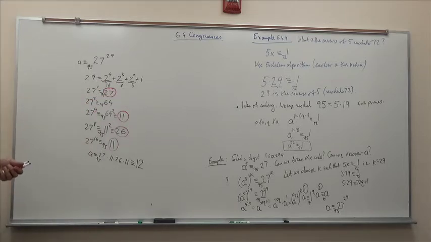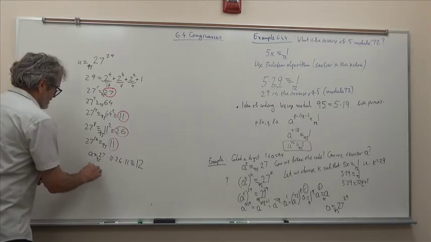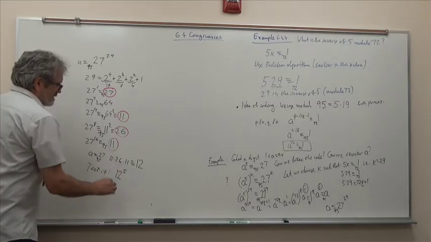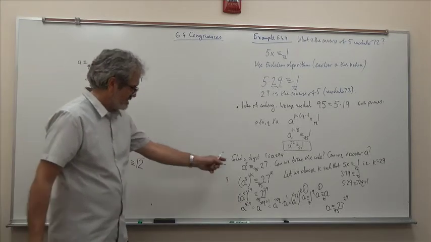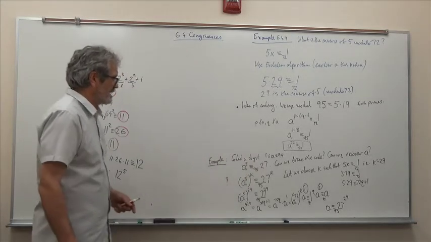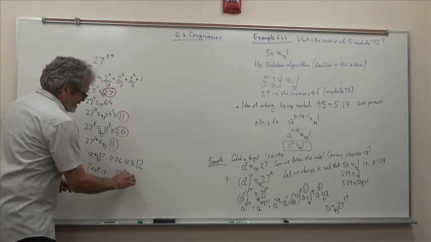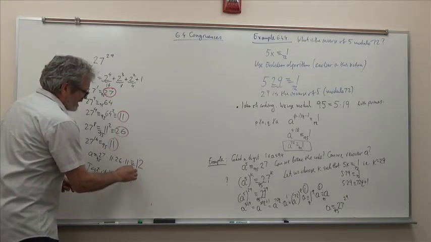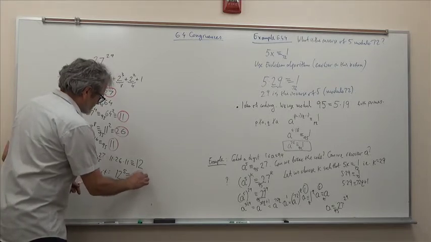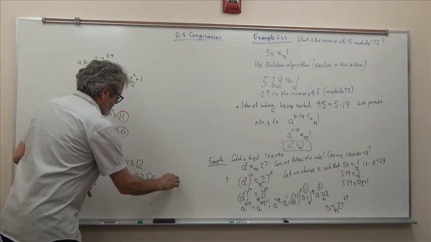Of course, you can test this result. If you take 12 and raise it to power 5, because that's what we decoded, someone was coded to power 5 and gave us 27. We said it's 12. If you raise 12 to the 5th modulo 95 and reduce it, you should get 27. Just to check the work.